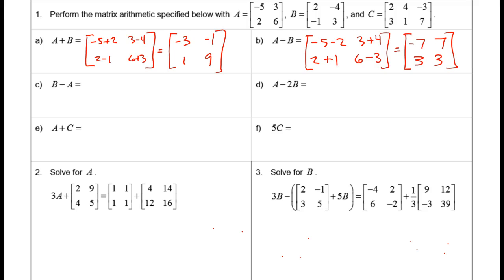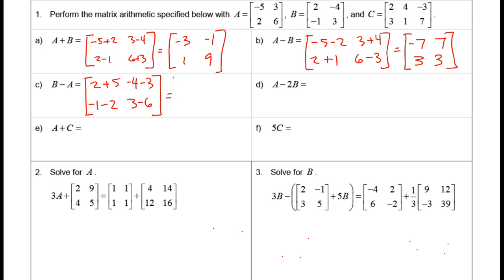Okay, let's go ahead and look at B minus A now. So we're going to switch the order of the subtraction. B minus A is going to look like this. 2 minus -5, -4 minus 3, -1 minus 2, and then 3 minus 6.